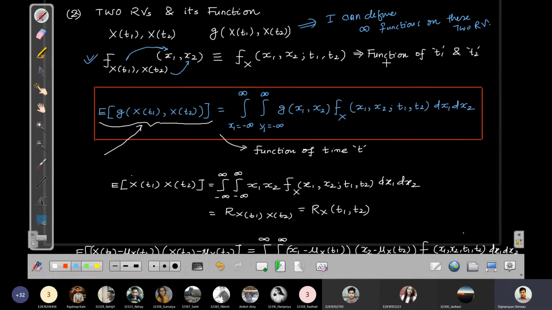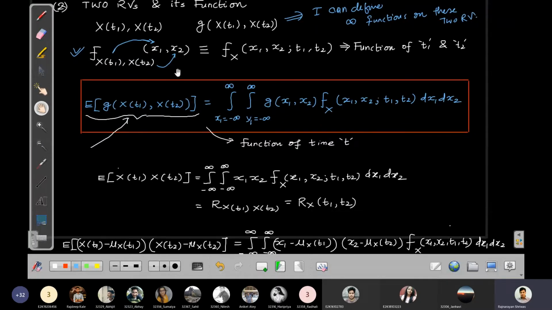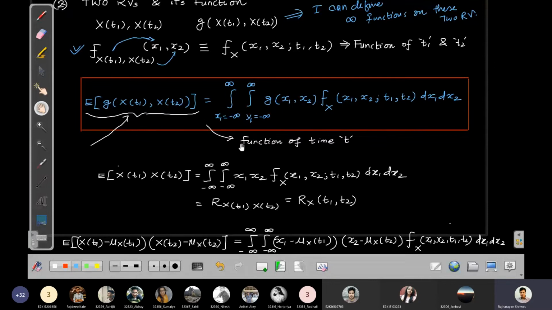This joint PDF is in general a function of time t1 and t2. It may not be, but in general it has to be a function of time t1 and t2, right? So this is the joint PDF. Earlier we were using only a single order PDF. Now it's a double order PDF.